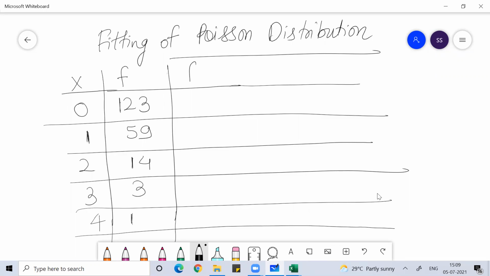So I'll find f into x. This is 0, this is 59, this is 28, this is 09, this is 04.